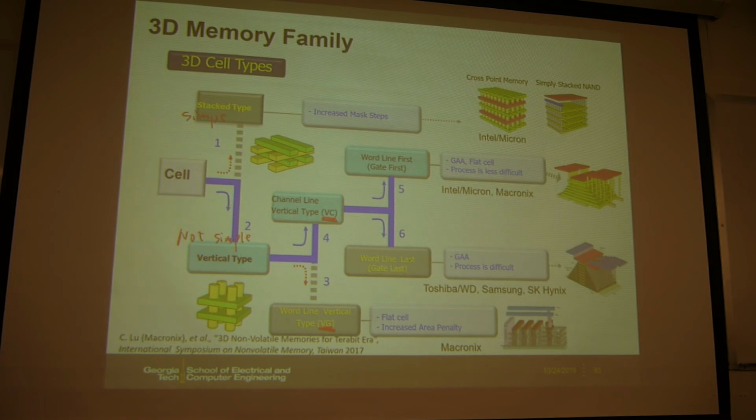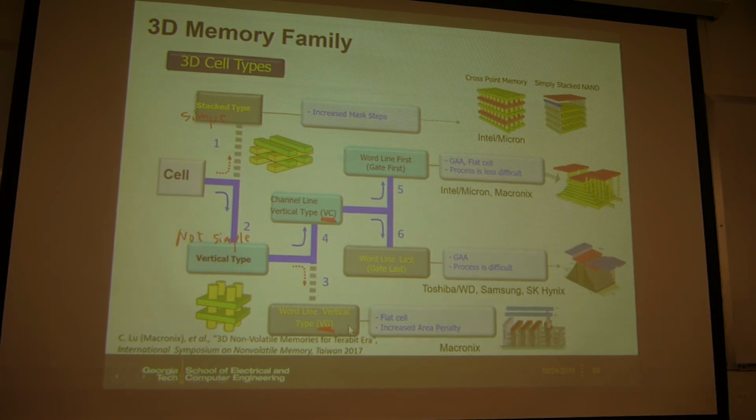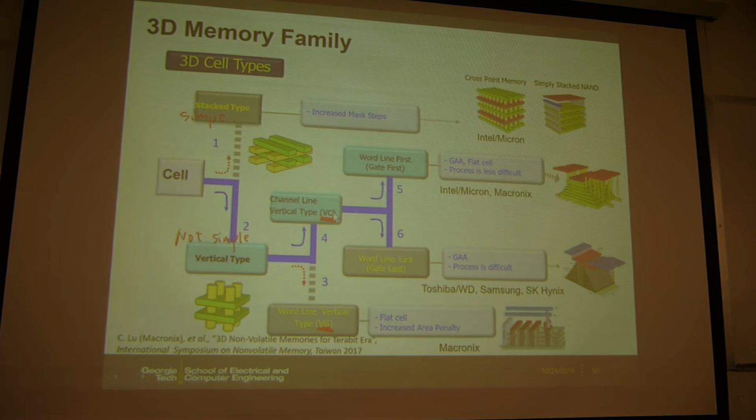And the vertical gate, I think the only company pursuing this is Macronix, which is a small company in Taiwan. They are holding most of the patents of this vertical gate 3D NAND. I don't know if they are in volume production or still in the research phase. But most companies will follow this vertical channel approach.